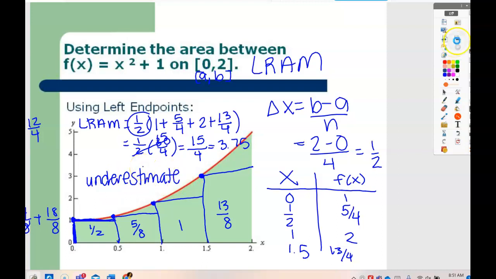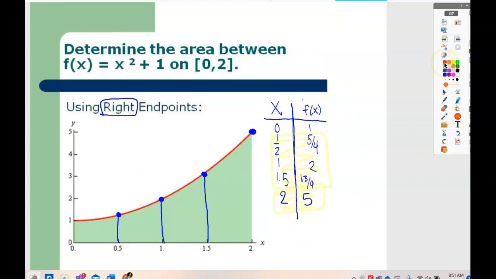And this time, when I draw in all of my curves, all of my rectangles this time are above by like a fair triangular amount. So I would predict my right endpoint, or my RAM, to be an overestimate.